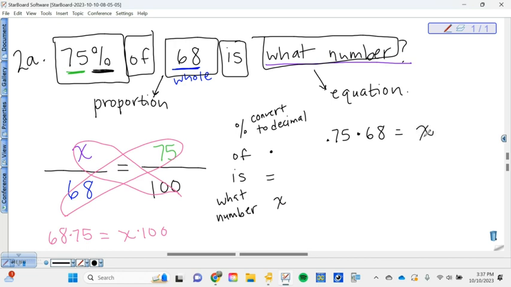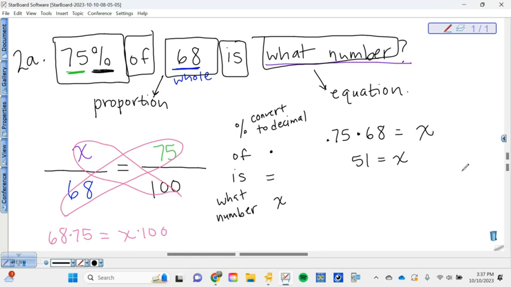So now I just wrote an equation, I just translated this from English into math, and now I just solve the equation. I just simplify 0.75 times 68, what does that give me? So 51 is x, and that's it. So you might like writing proportions better. This might make sense to you a little better. Either way, I'm going to get to that same answer.